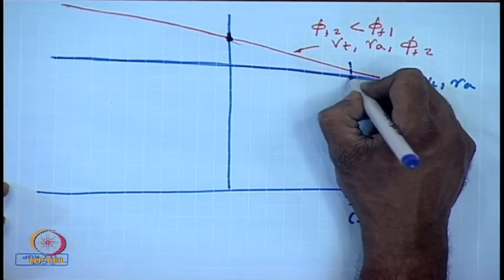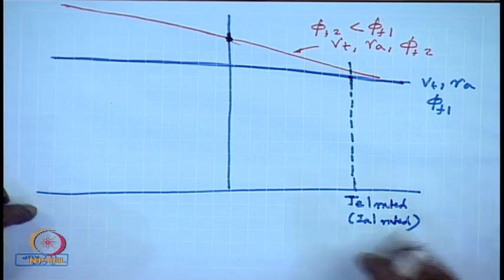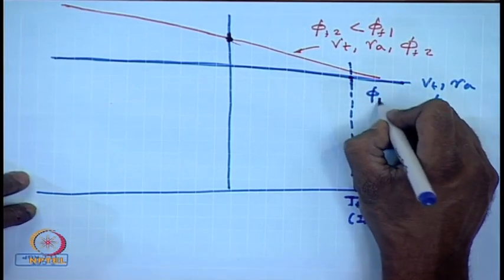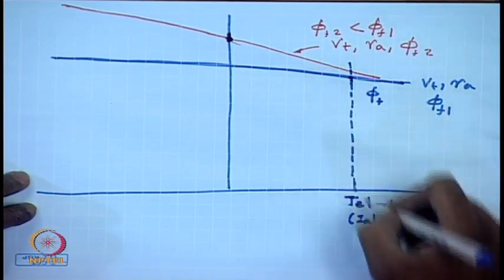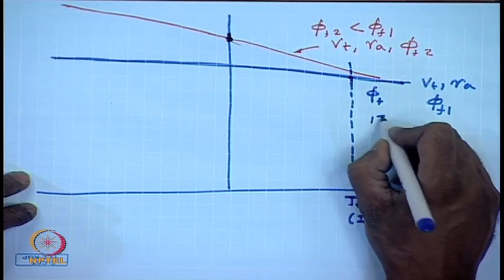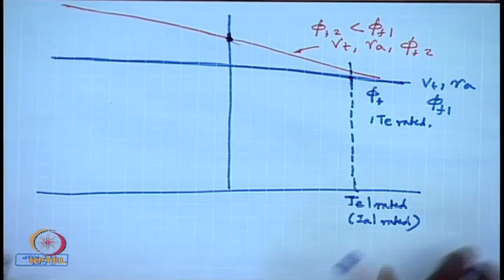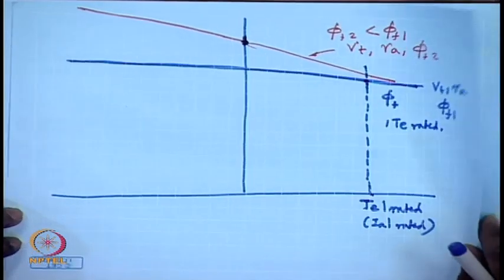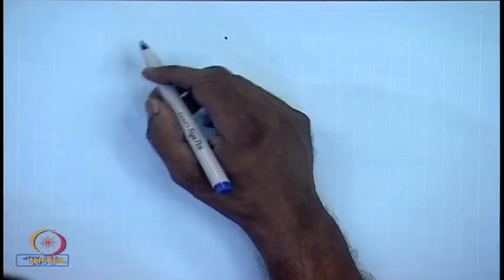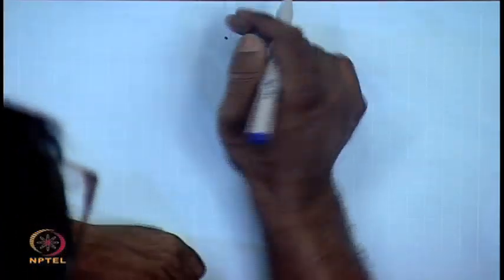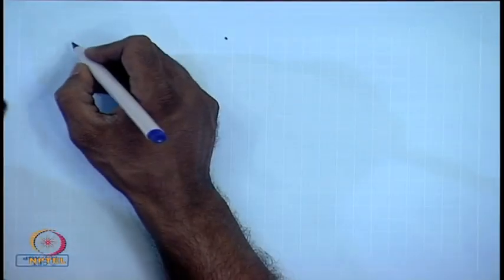So, with rated flux phi f, this is the Te rated that we can generate. If I reduce the flux, let us say to phi f1, what will happen? The armature current will still remain same.